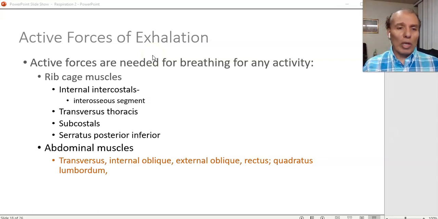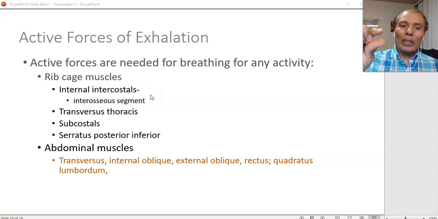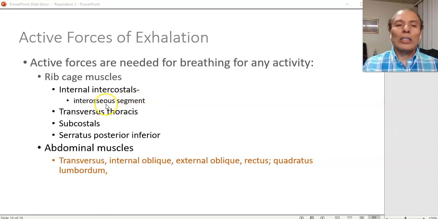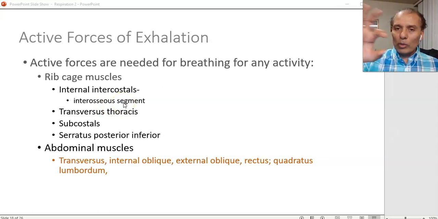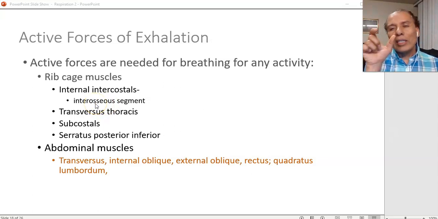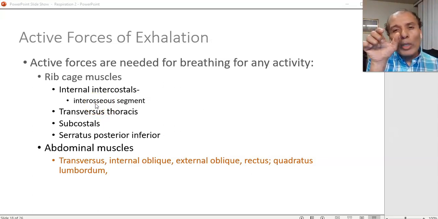So these active muscles or active forces of exhalation, we use them during speech because speech is an effortful process, and these include ribcage or thoracic muscles, internal intercostal muscles, particularly the interosseous segment that is between the ribs, the middle segment that I showed previously, the one that connects the bony segment of ribs together.